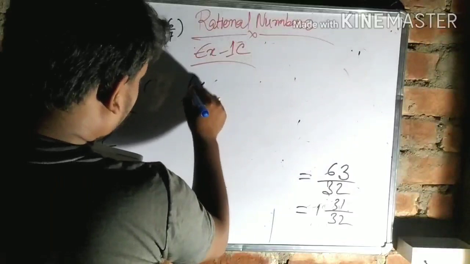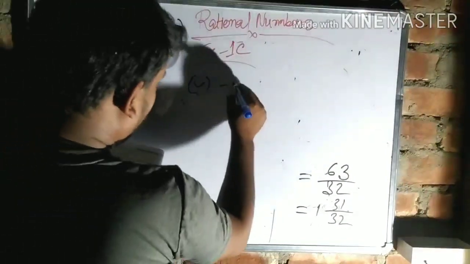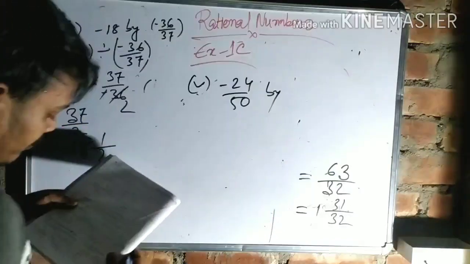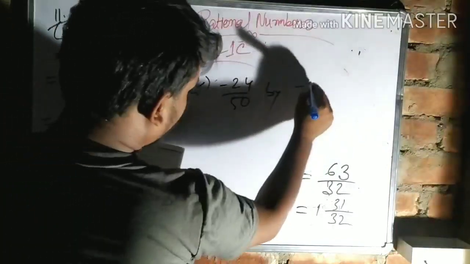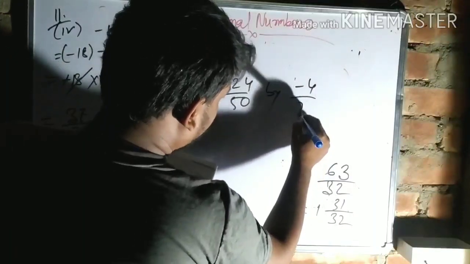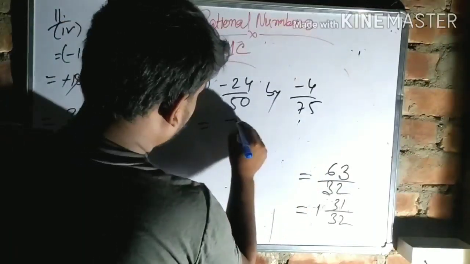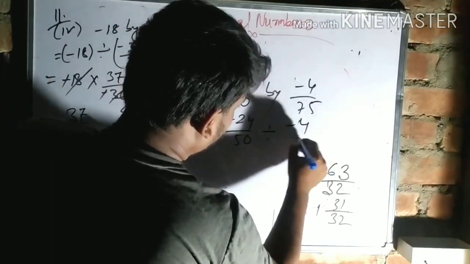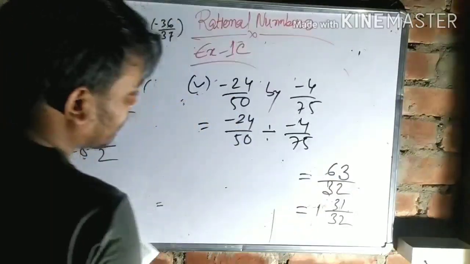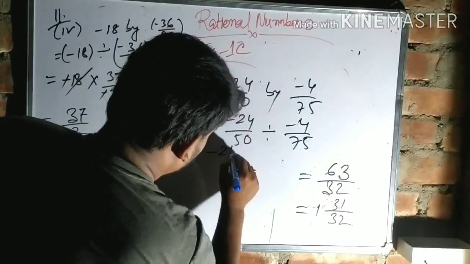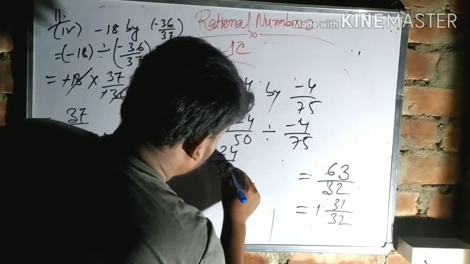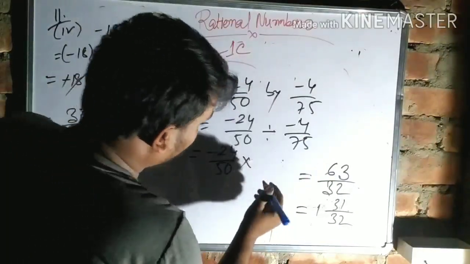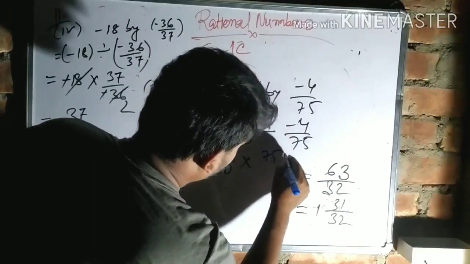if I solve number 5 also: minus 24 by 50 divided by minus 4 by 75. So it equals minus 24 by 50 divided by minus 4 by 75. So what are the rules? The first value does not change, and division becomes multiplication, and we write the reciprocal or multiplicative inverse of this one.